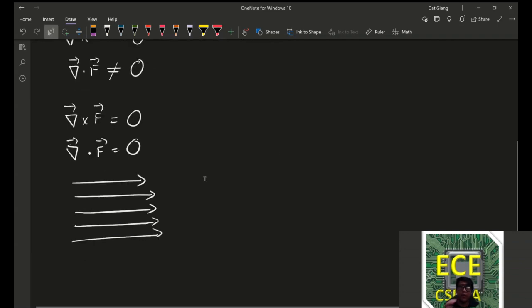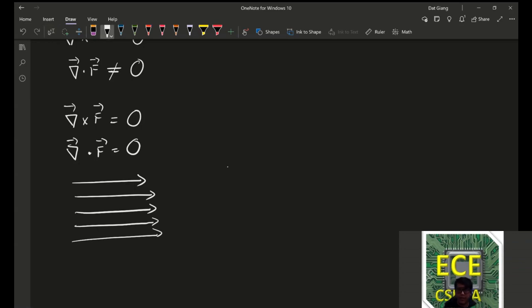This is in the case of a perfectly symmetrical case where, let's say for an electric field, this electric field is very easy to calculate.